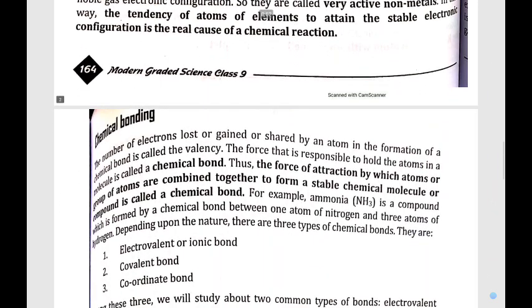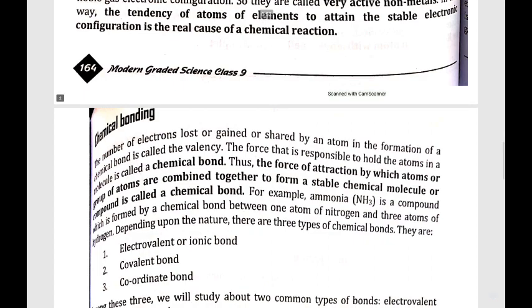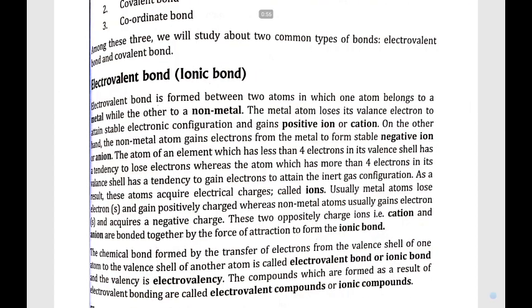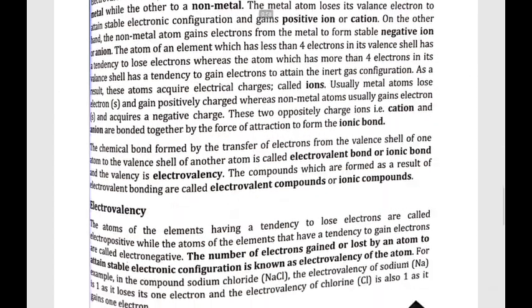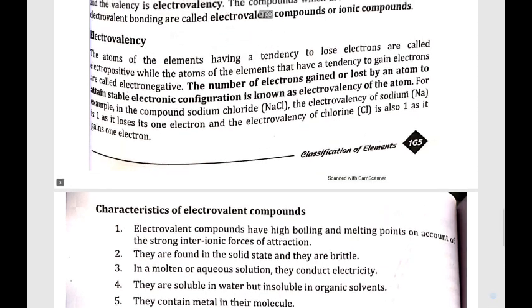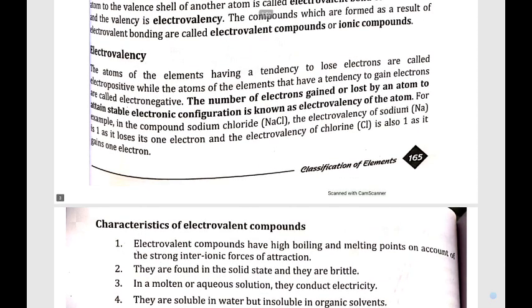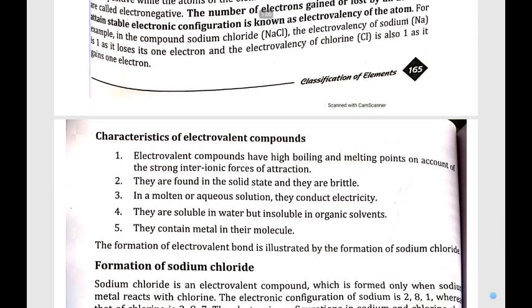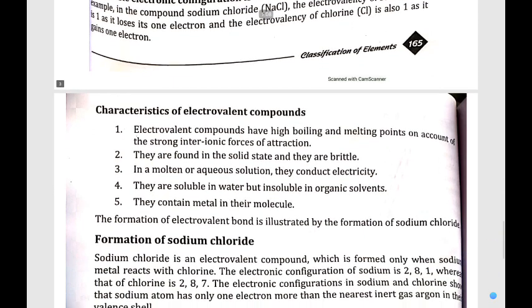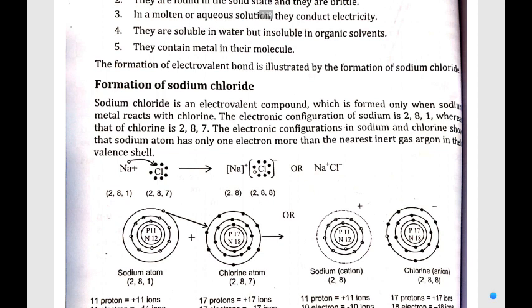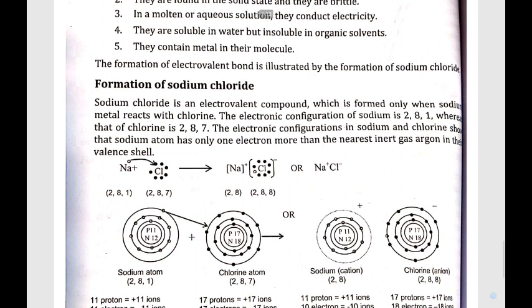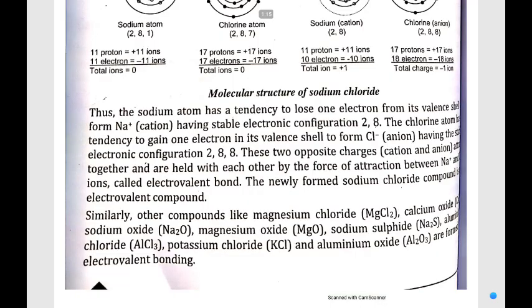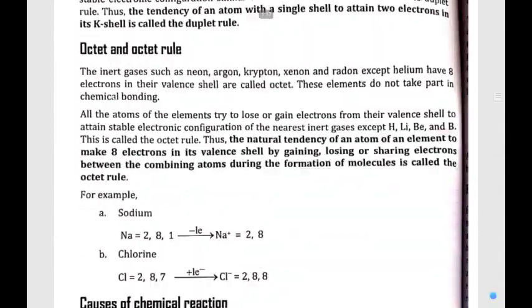Then chemical and electrovalent bond or ionic bond. Next heading is characteristics of electrovalent compounds, formation of sodium chloride. That is all, students.